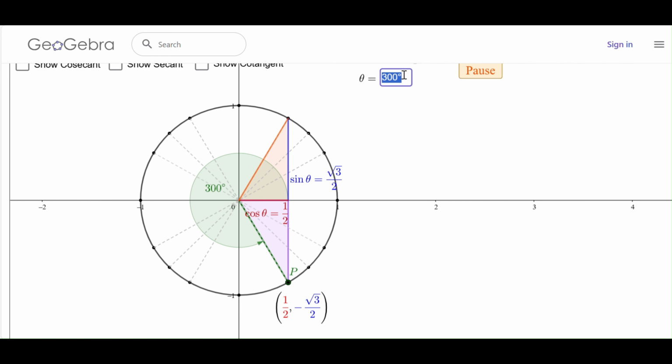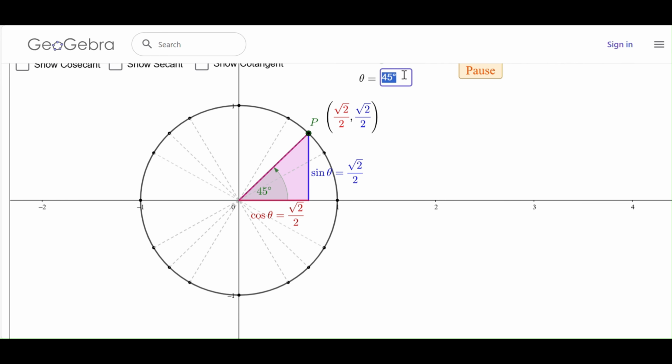Perfect. The last thing that we will revise today is multiples of 45 degrees. Do we remember when we have 45 degrees, it's radical 2 over 2 for cosine and radical 2 over 2 for sine. Now, if I go from 0 and add 45 degrees, we get 45, right?